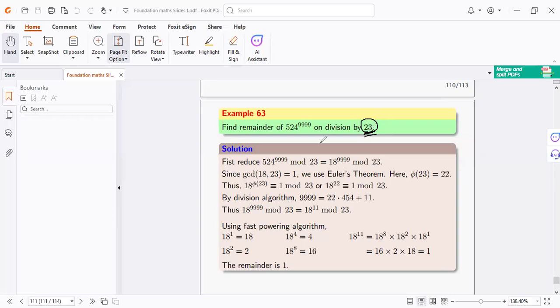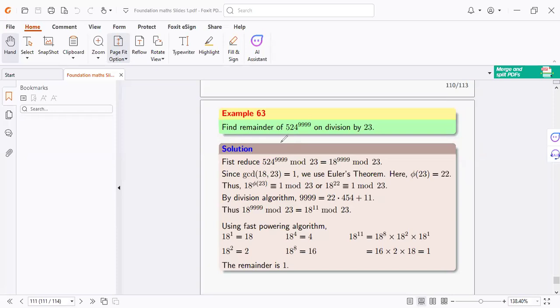And being a prime number, I know there's no common factor between it and this one, because if I divide 23 into this, I don't get any other number. So those 2 numbers are relatively prime, and since they are relatively prime, I know that Euler's theorem can be used.